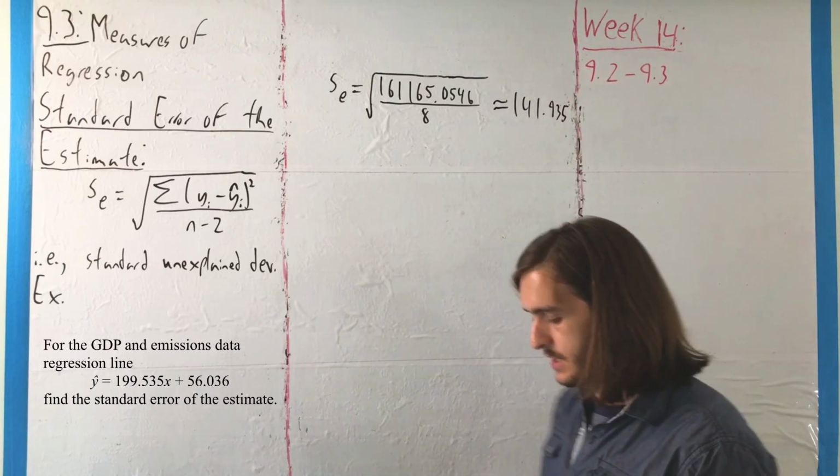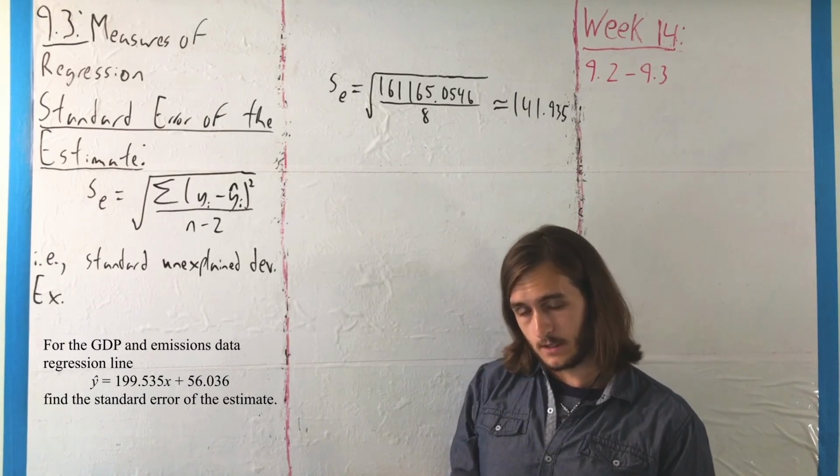It's important here to understand what that 141.935 represents.